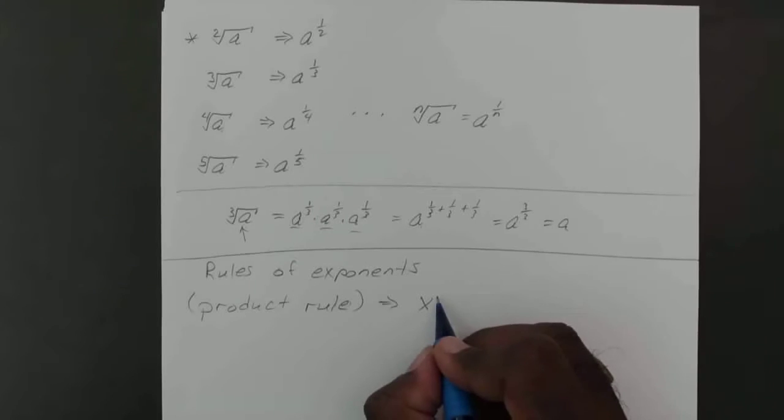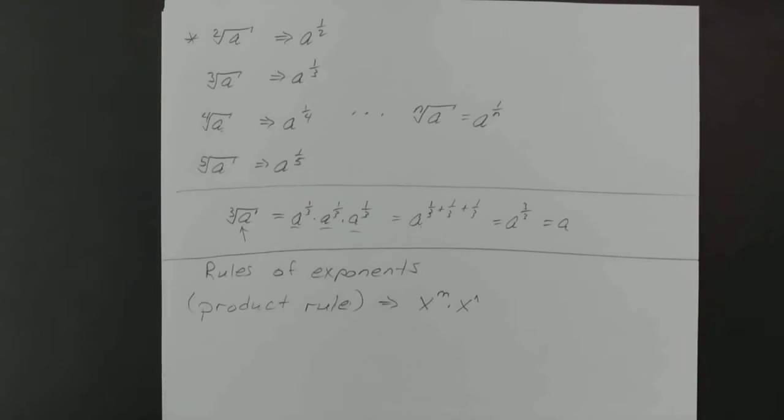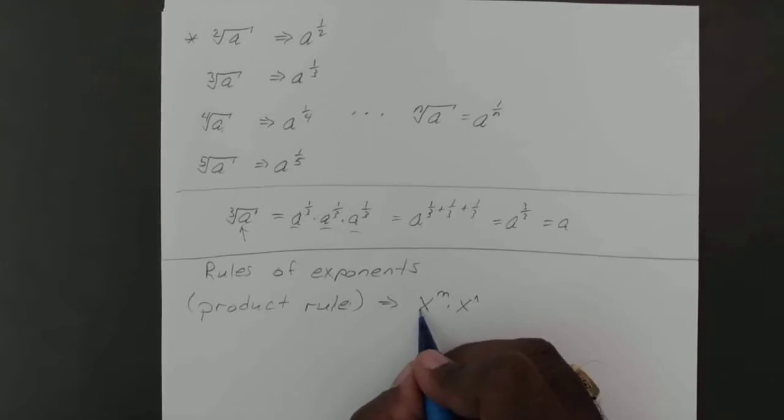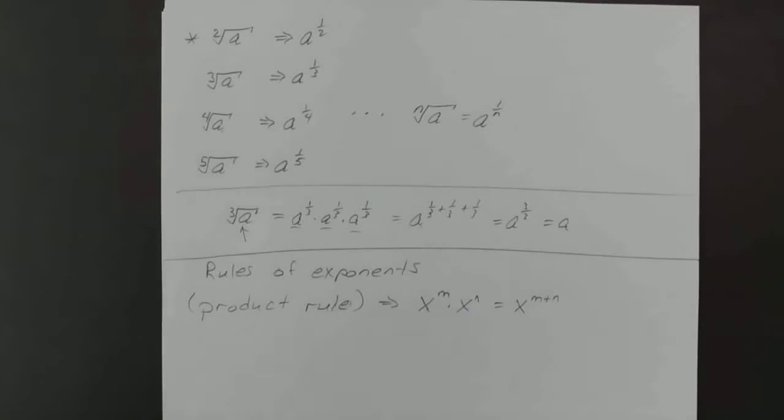Let's say if you have x to the power of m times x to the power of n. That's going to equal x to the m plus n. You just add your exponents together.